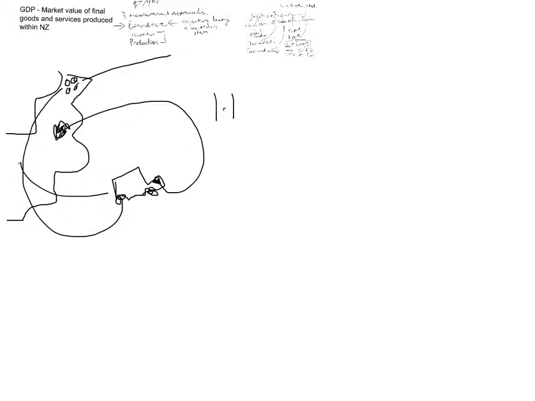We produced one truck. Well, no, we didn't. We only produced the car body, and we only produced the engine block. The tyres that were fitted to the vehicle belong to the production of another economy.